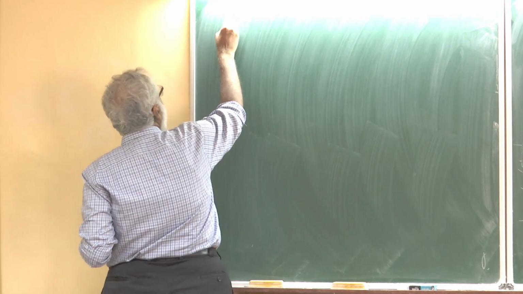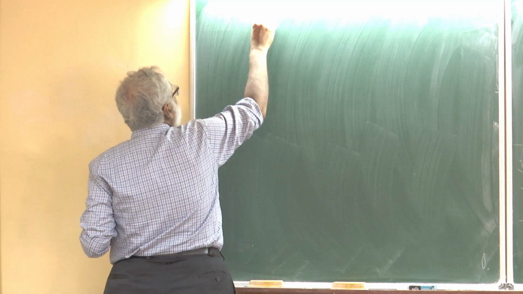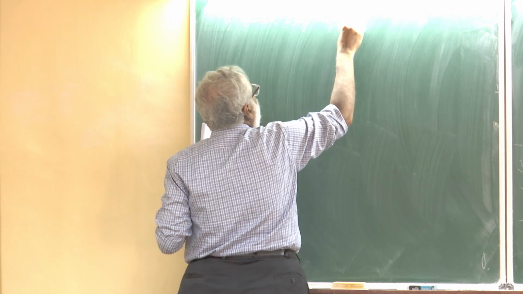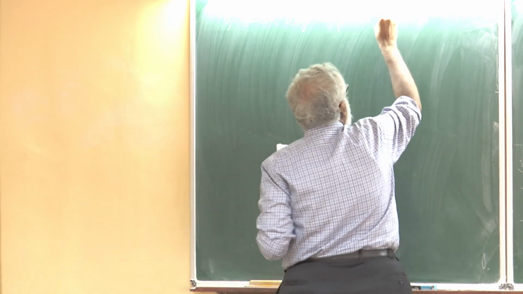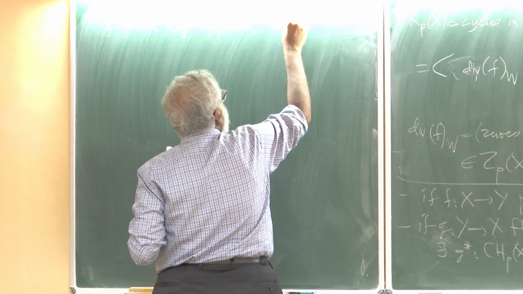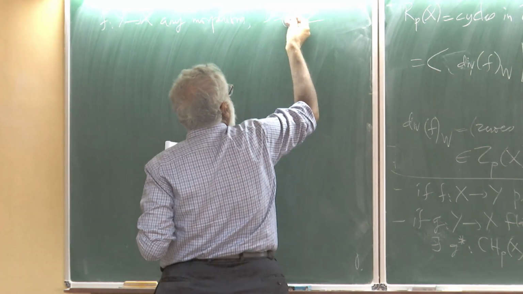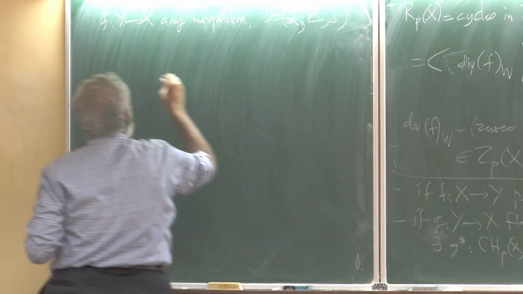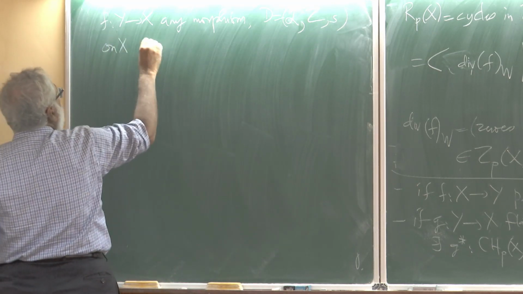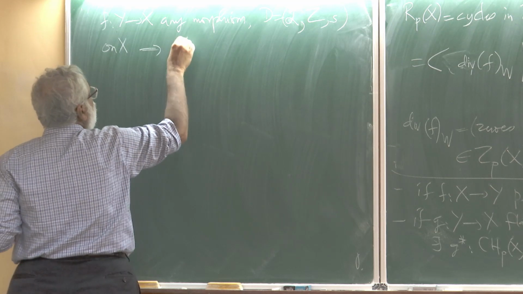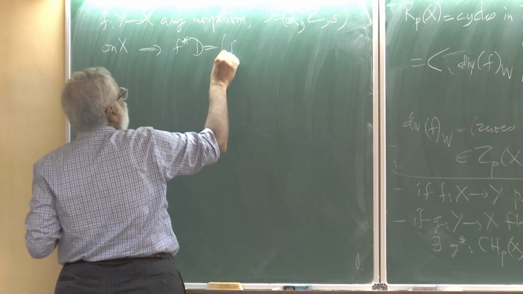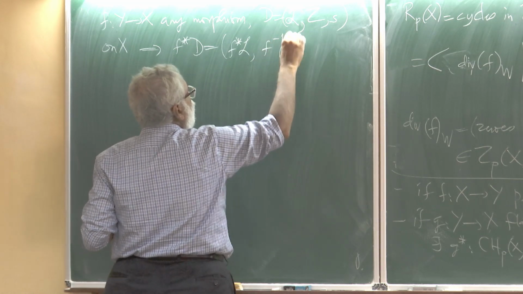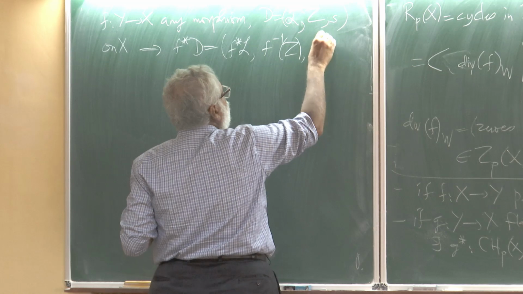And then if f: Y to X is any morphism, there exists D equals (L, Z, S) on X, that gives rise to f upper star D, which is f upper star L, f inverse Z, f upper star S.